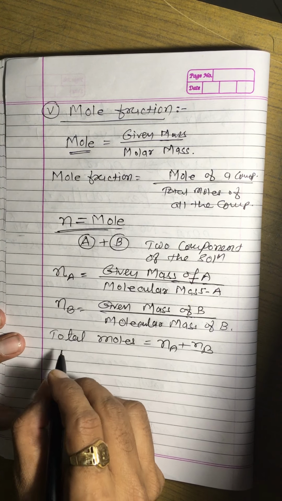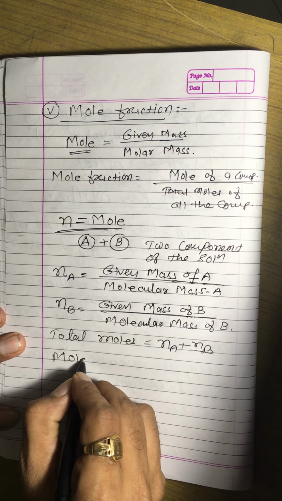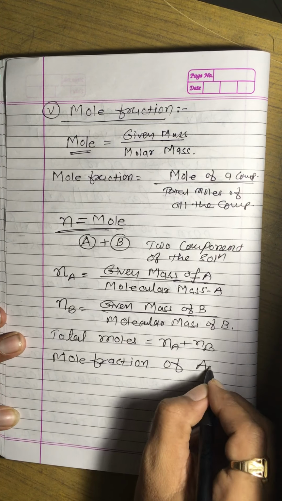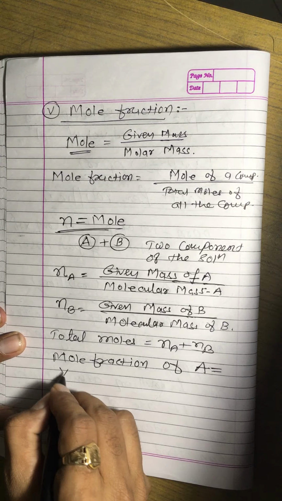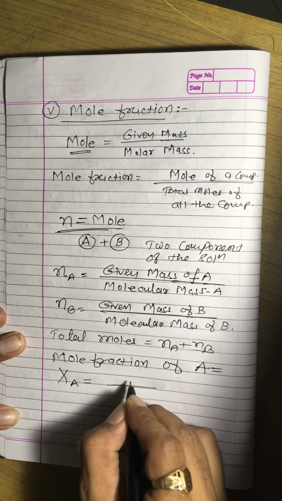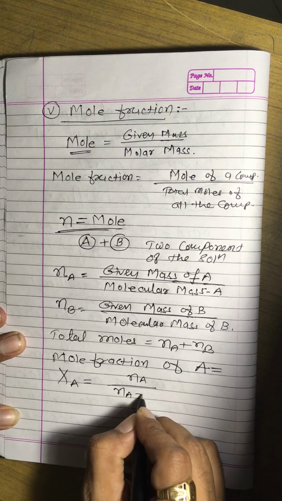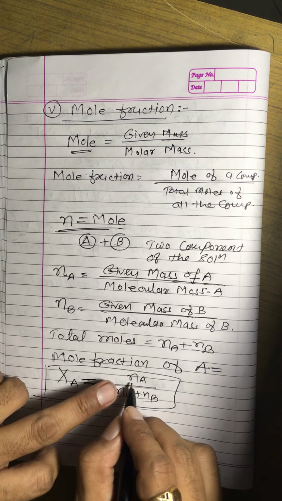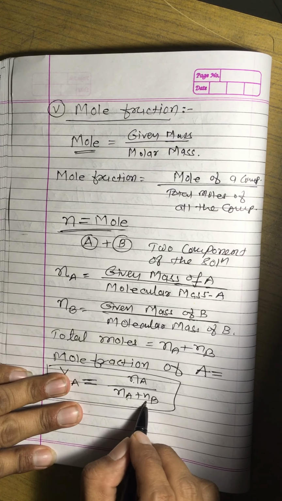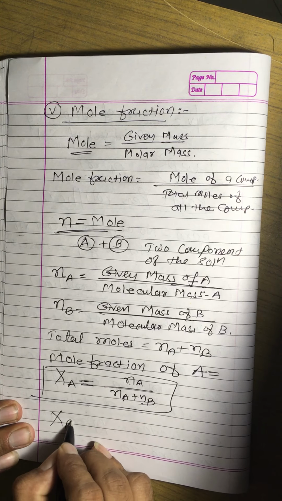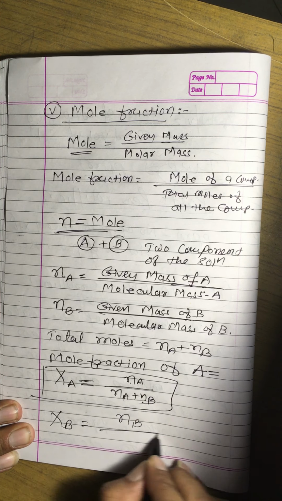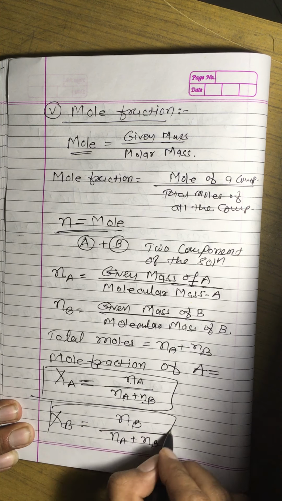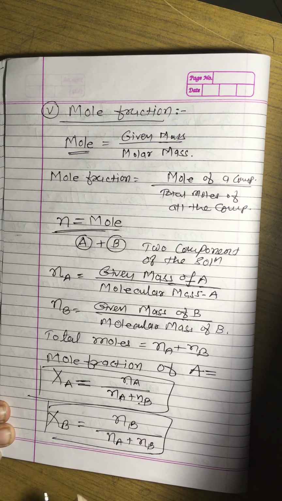And now the mole fraction of A is Xa, that is equal to Na upon Na plus Nb. So we can say moles of A upon moles of A plus moles of B, meaning total moles. Same way, Xb is equal to Nb upon Na plus Nb. That is called the mole fraction of B.